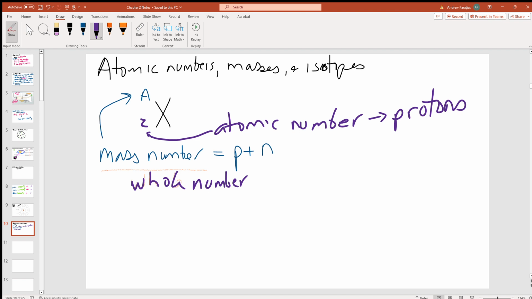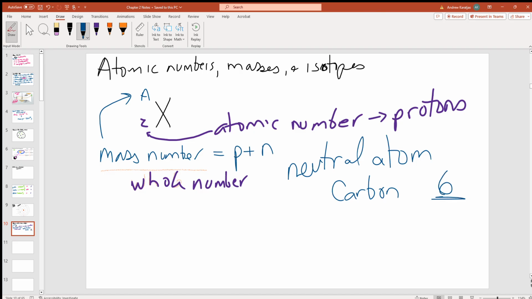If we have a neutral atom, for example, carbon. Carbon is element number 6.